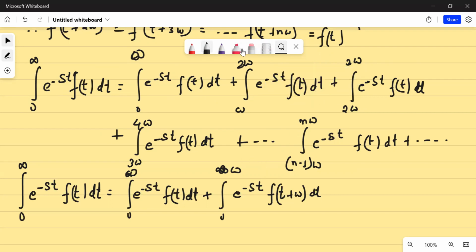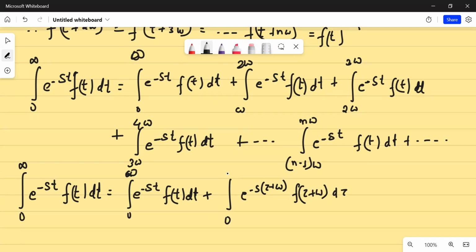So what I'll do in the second integration, I'll replace my t by z plus ω. So I'll do it e की power minus s(z + ω), and then I have this f(z + ω), and this is dz. And what would be the limit? The lower limit would be what? I think 0. Upper limit would be ω. Is that clear? Bharat, is that clear?